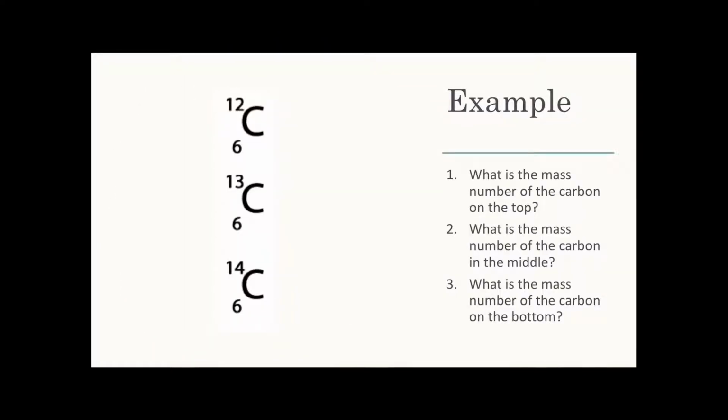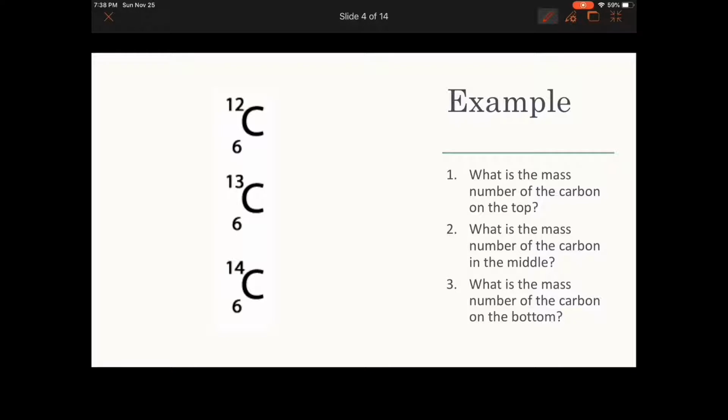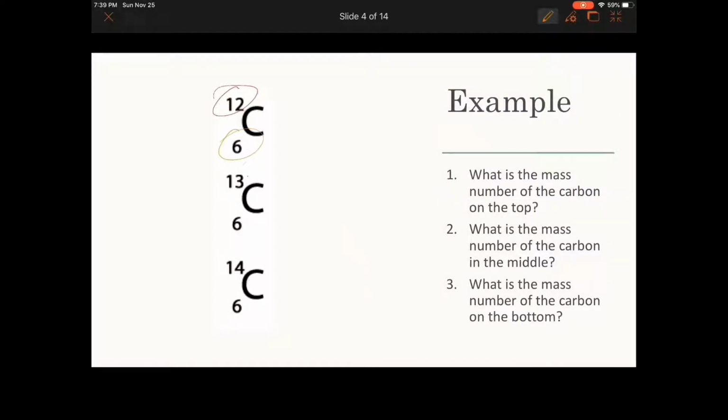So I want you to take a look at this picture on the left here. What we haven't talked about is what these numbers here on the side mean. So this number here is the mass, and this number here is the atomic number. All you need to know right now. So the first thing we want to know is, what is the mass number of the carbon on top?